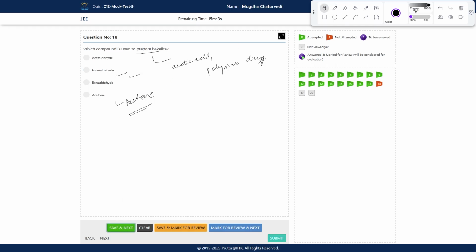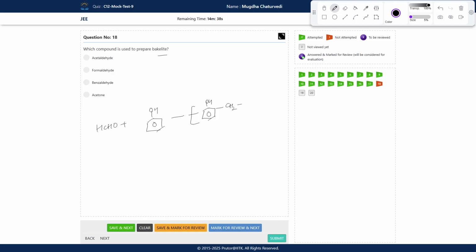Now let's see the next one. It is saying, which compound is used to prepare bakelite? When formaldehyde, which is HCHO, reacts with phenol, it forms bakelite. This is OH, CH2, OH.